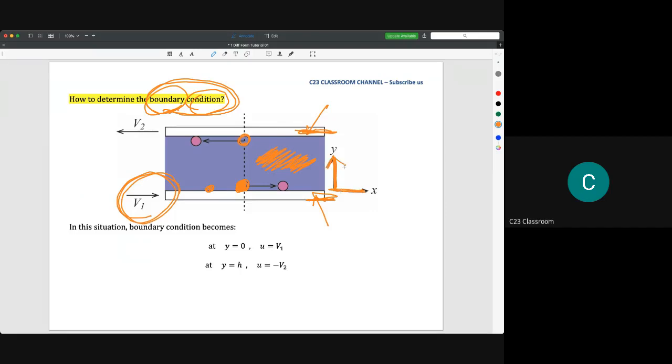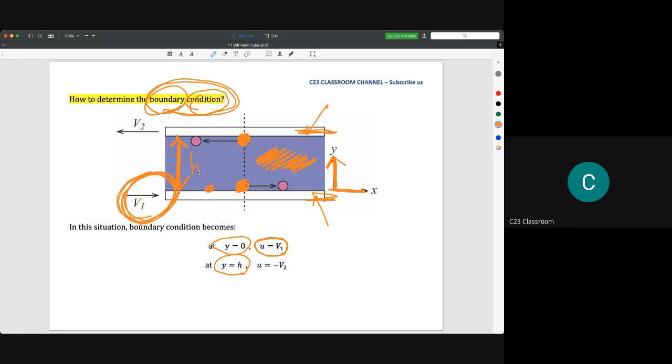So at y equal to 0, the velocity u is v1. Okay, because this velocity is moving from left to right, usually in Cartesian coordinate, direction from left to right is the positive direction. So we write as positive v1. And then at this situation, we could write when y is equal to h, because in the question it is given that the distance from here to here is equal to h.